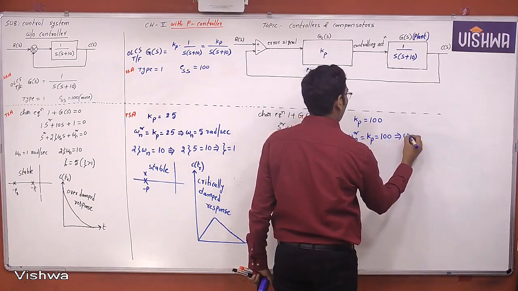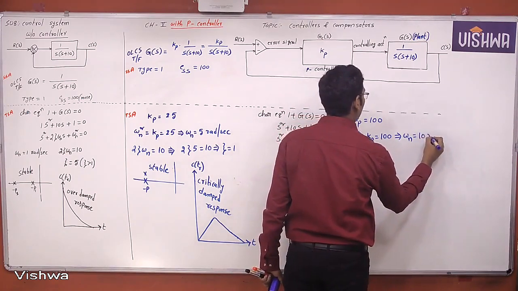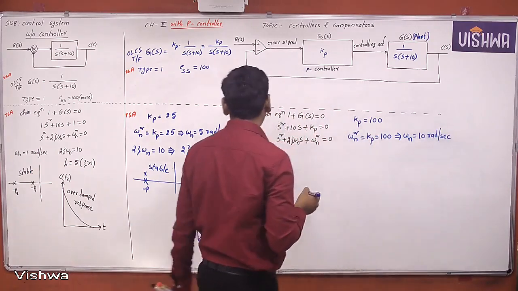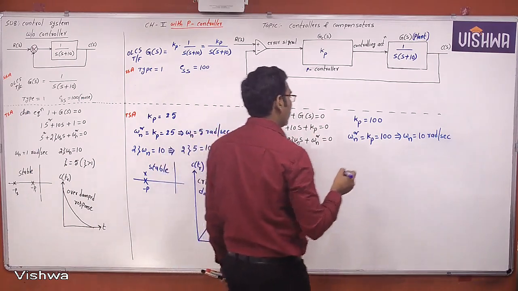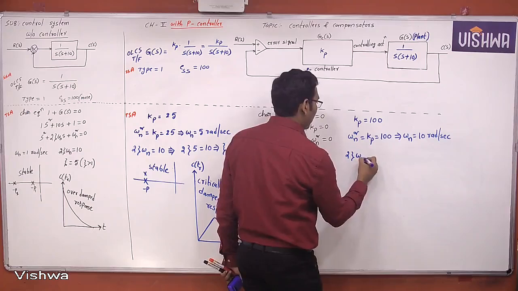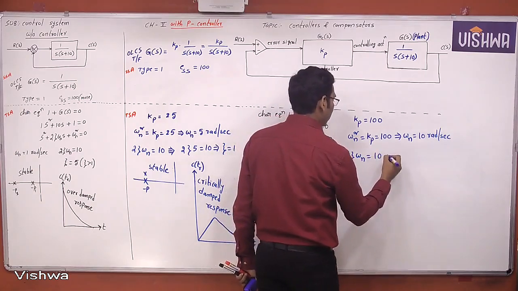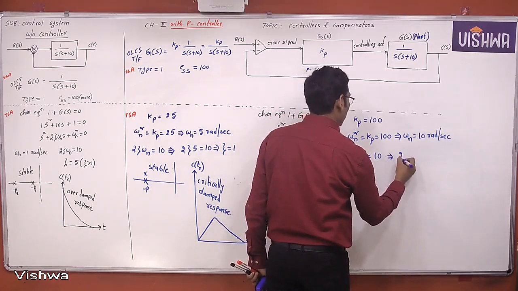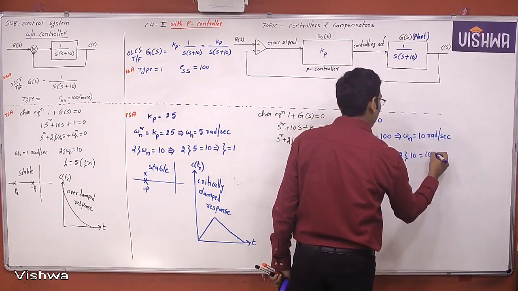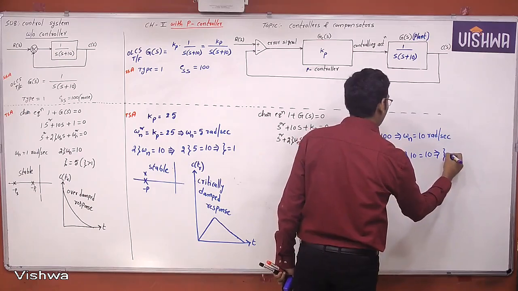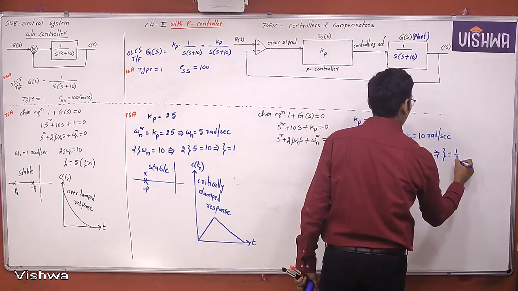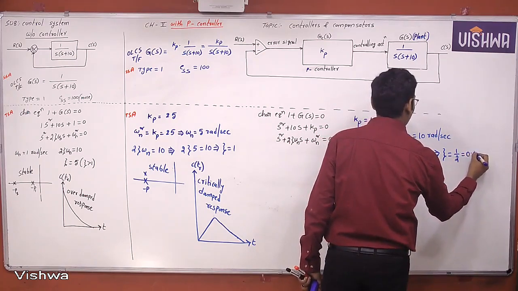Therefore omega n is equal to 10 radians per second. 2 zeta omega n is equal to 10. Therefore, 2 zeta times 10 is equal to 10. Therefore zeta is equal to 1 by 2, which is 0.5.